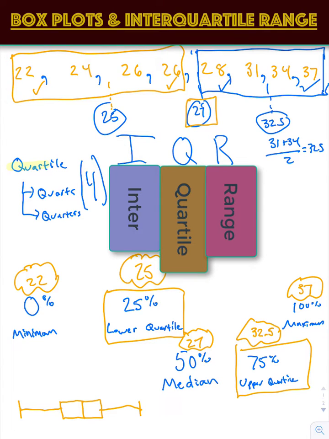With this, we're going to have the maximum be at 37, the minimum be at 22, the lower quartile be at 25, the median be at 27. When I evaluate the median, I realize that 27 is closer to 25 than it is to my upper quartile. My upper quartile is 32 and a half.